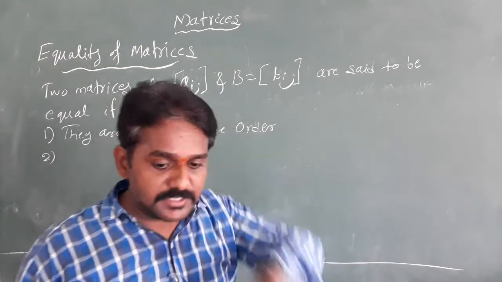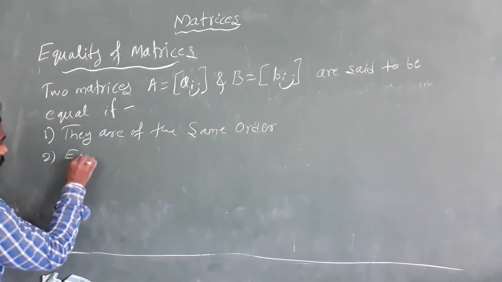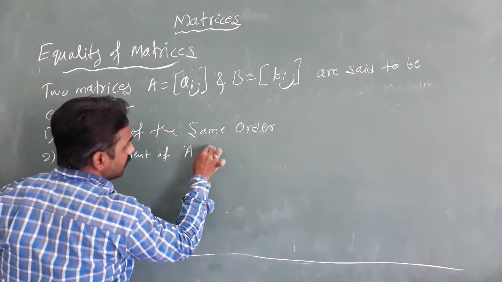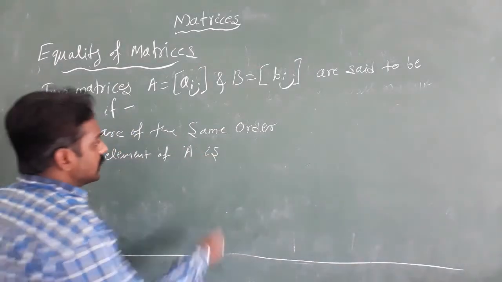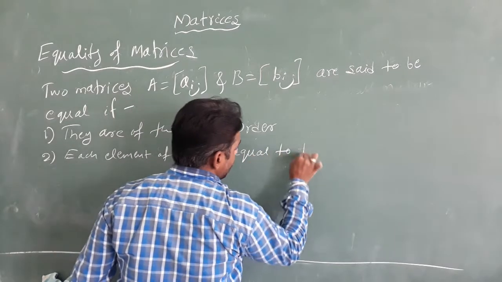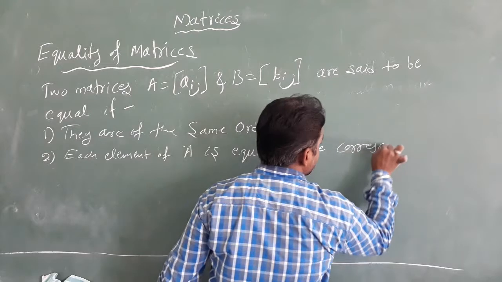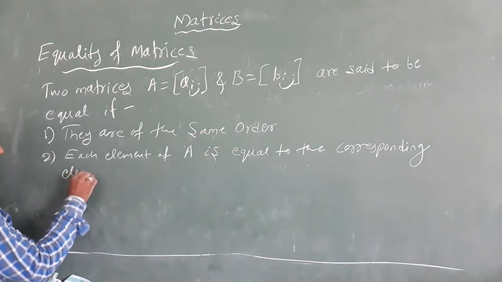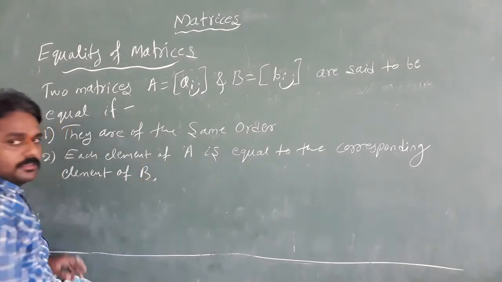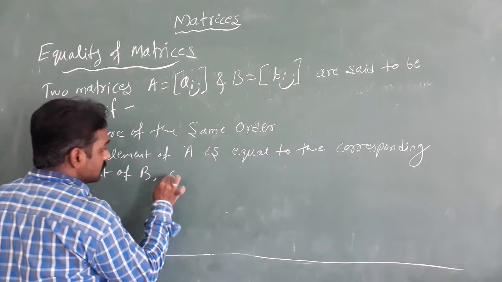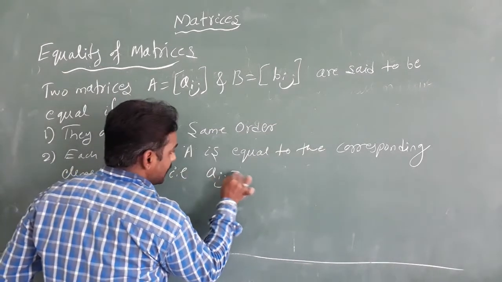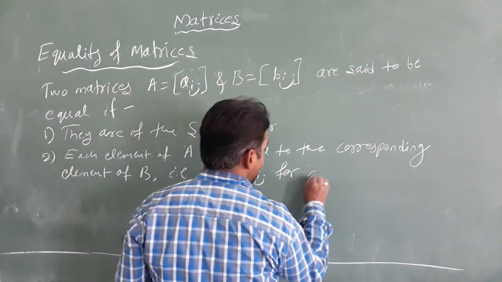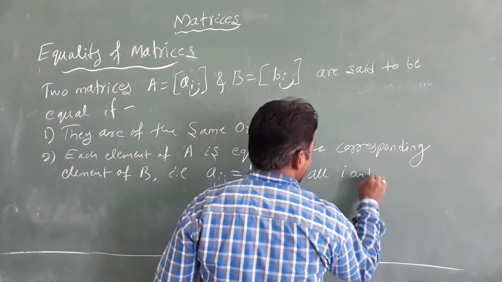That is, each element of matrix A is equal to the corresponding element of B, that is Aij equal to Bij for all i and j.